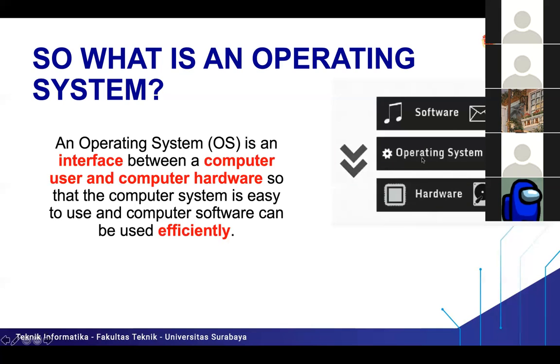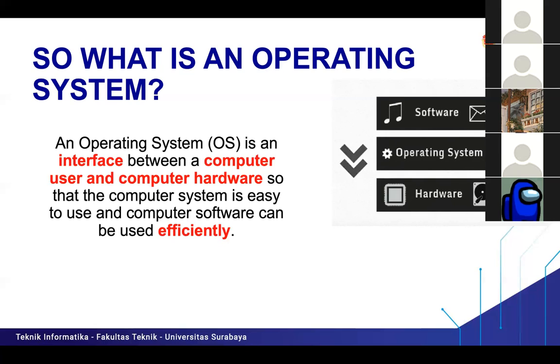The operating system also makes your computer work efficiently, so you need to update your operating system. Maybe you use Windows 10, then you update to the latest version. There may be some bug fixes when you get the newest update.